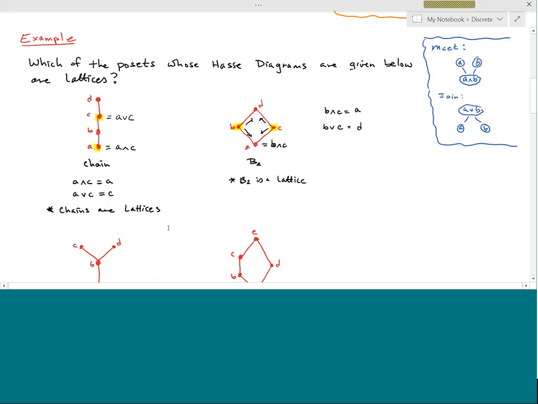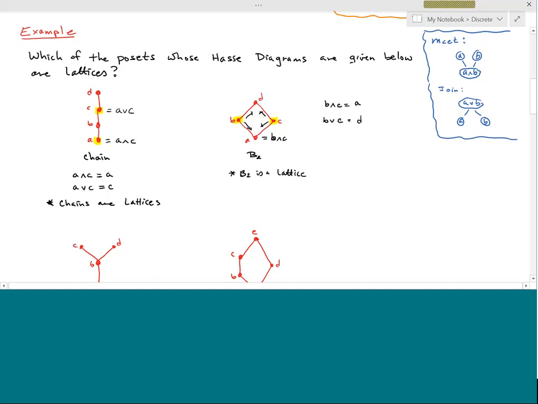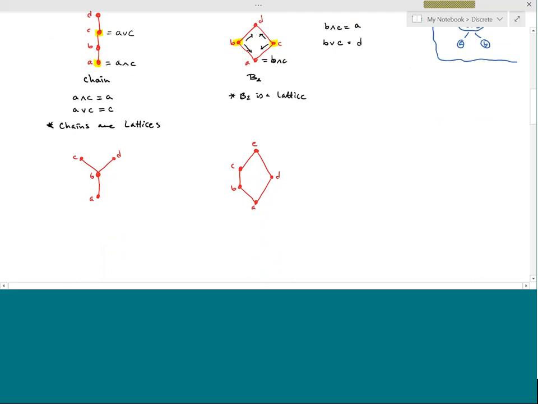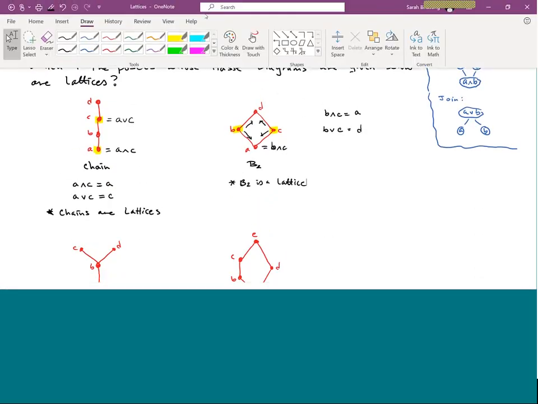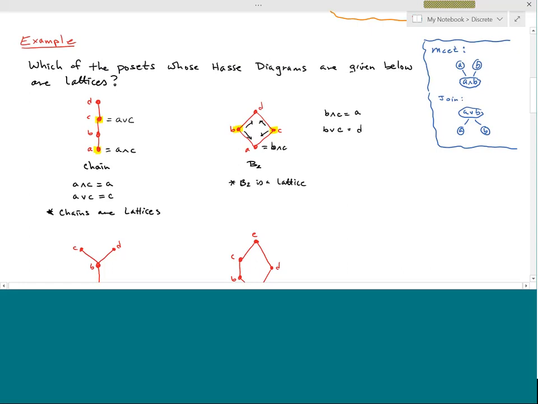All right, so let us look at the next examples. The first two examples here were both lattices. They are actually both really, really common lattices. Now, next two examples also are Hasse diagrams of some posets. And we want to ask the exact same question, and that exact same question is, are they actually Hasse diagrams of lattices?